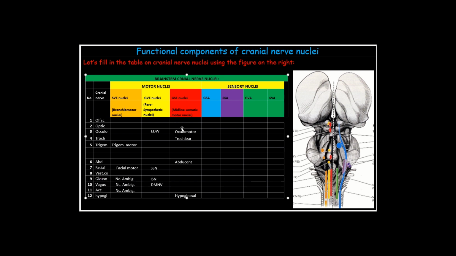So you can see over here we're slowly and gradually building up the nuclei in the table, and we're trying to understand the functions of the different cranial nerves. For instance, if we pick up the facial nerve, so far we know that the facial nerve has two motor nuclei. The superior salivatory nucleus gives off the autonomic motor fibers which travel through the facial nerve and innervate the lacrimal gland and the submandibular and sublingual glands.